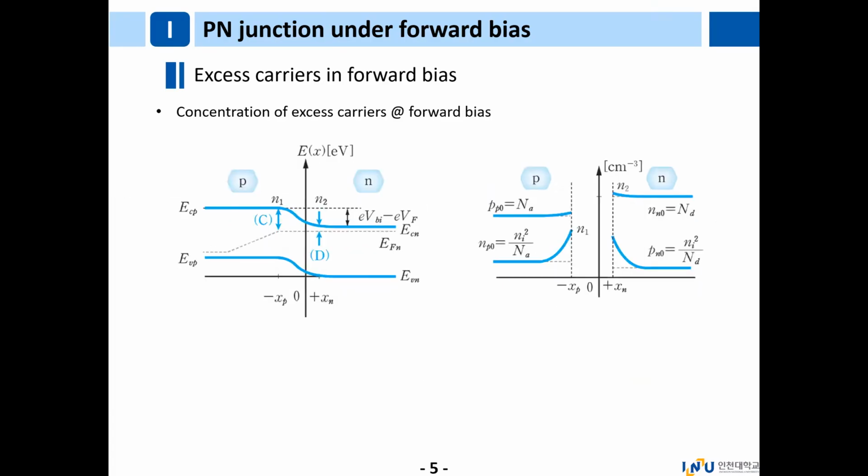So after applying forward bias, the electron concentration can be expressed using the electron's quasi-Fermi energy.